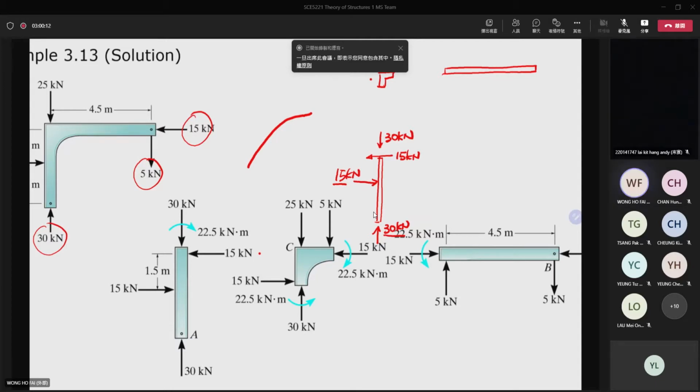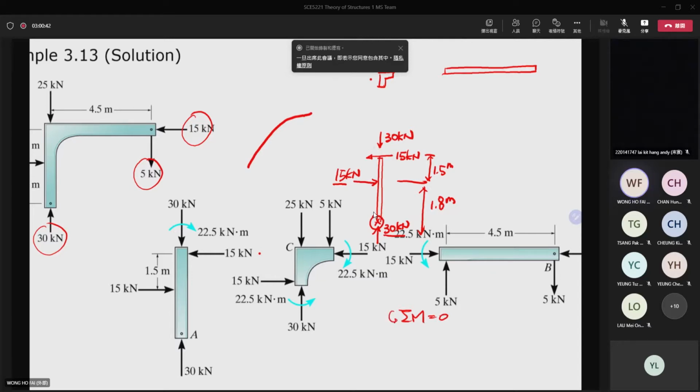And then here is equal to 1.5 meter. And then for here, it is equal to 1.8 meter. So here it's actually equal to 1.5 meter. And from here to here, actually it is equal to 1.8 meter. So if you consider the summation of moment at the ends here, you can consider summation of moment is equal to 0.